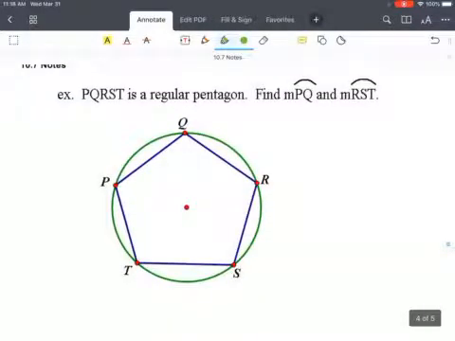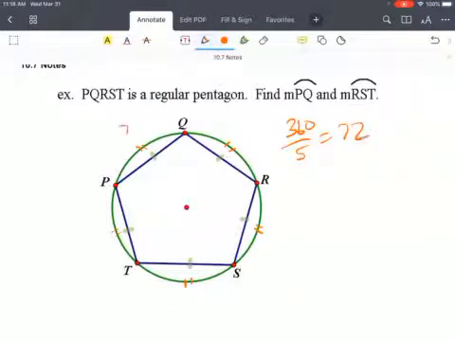Next example, we're looking at a regular pentagon. We need to remember that a regular pentagon means that all of the sides and angles of the pentagon are congruent. And if all the segments are congruent, that means that the corresponding arcs are also congruent. There are 5 arcs in the circle, and all 5 arcs are the same. So take our 360 and divide that by 5.